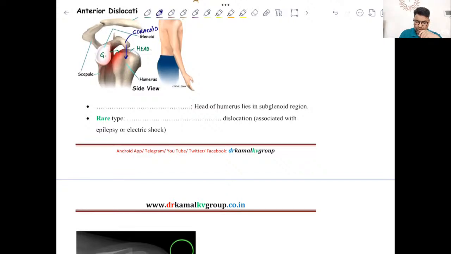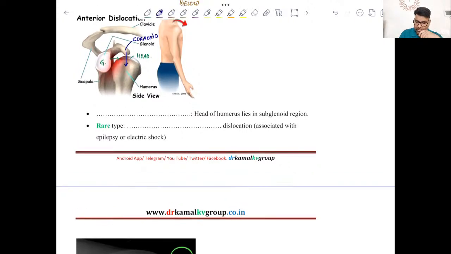Now, sometimes what happens, the head of humerus moves below the glenoid cavity. So this we call subglenoid. Again, I think sub is clear to all of you, that is below. So in that case, the upper limb is abducted, and that is known as luxatio erecta, right? Clear?